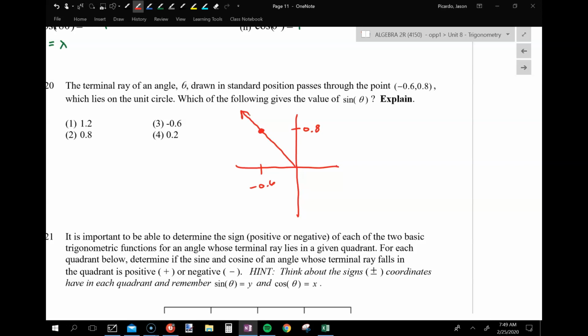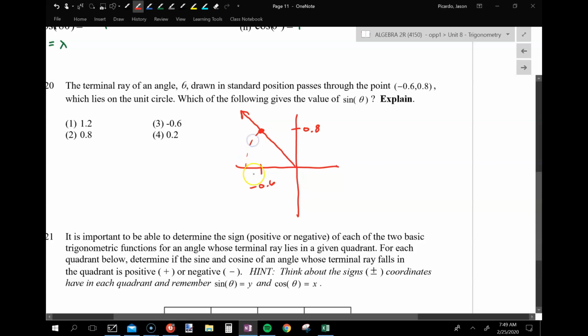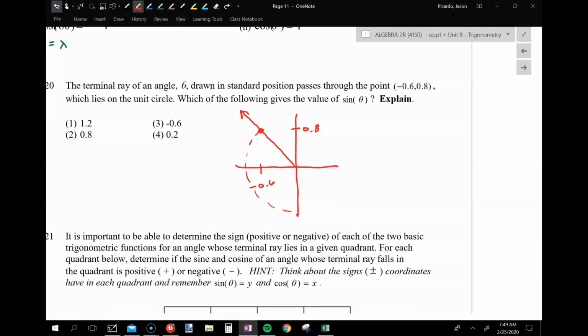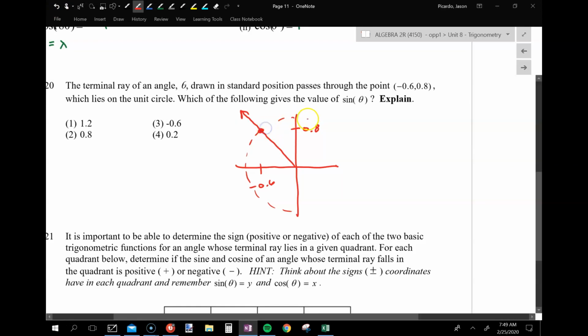It's on the unit circle, right? There it is. All right, so there's the unit circle. So right away, I can actually label something, right? I can label the radius as 1. So we have that.